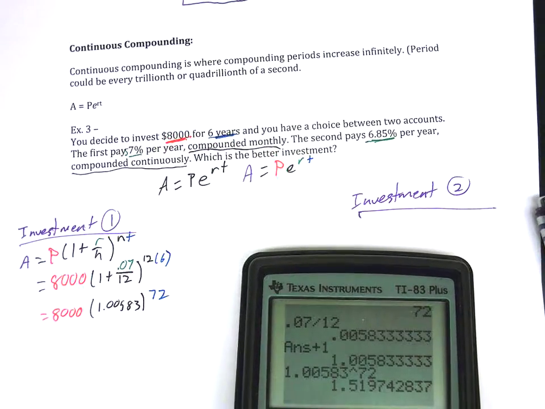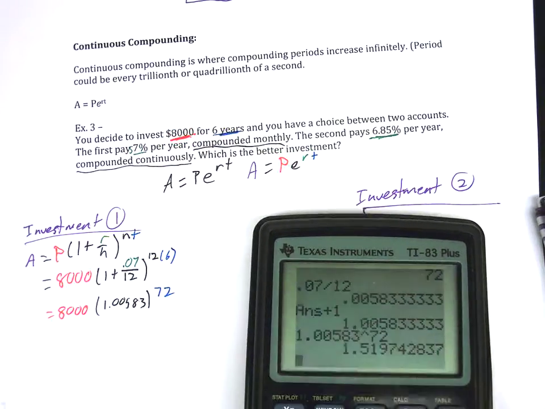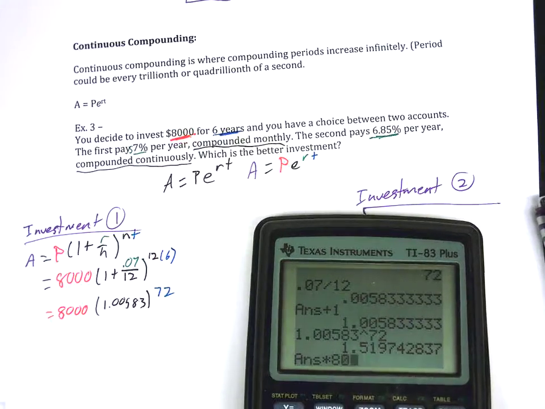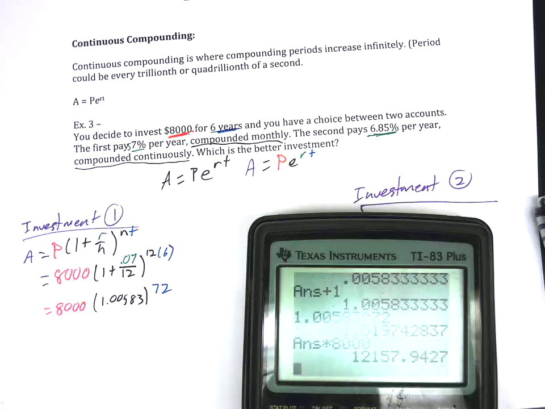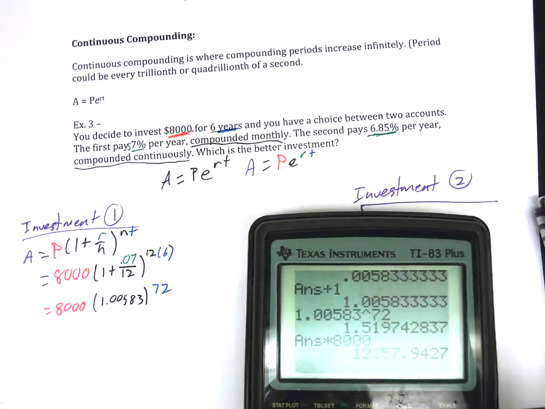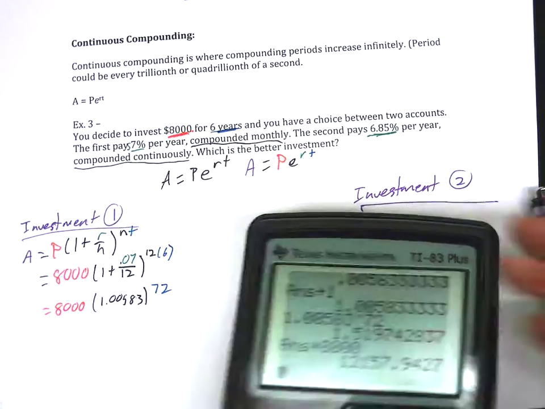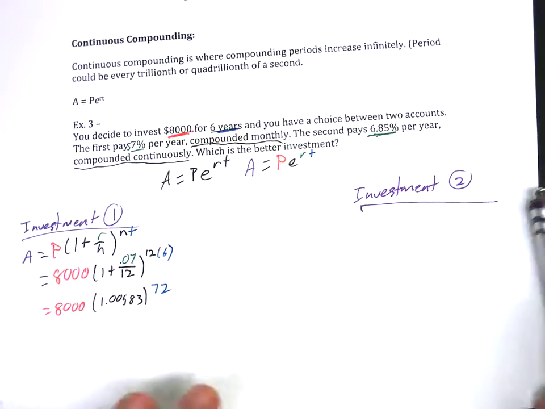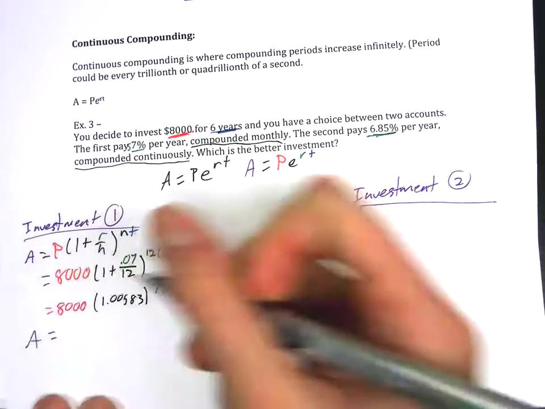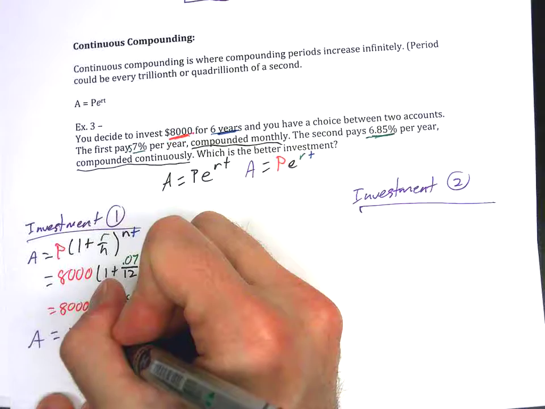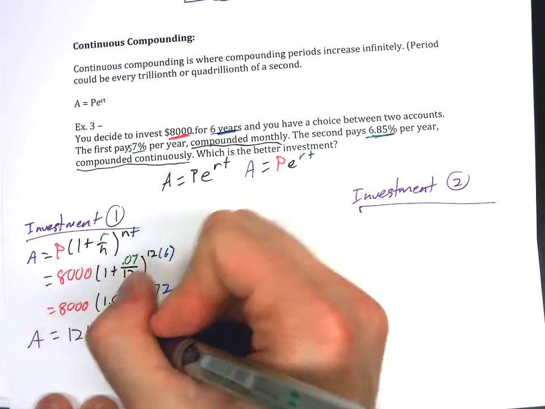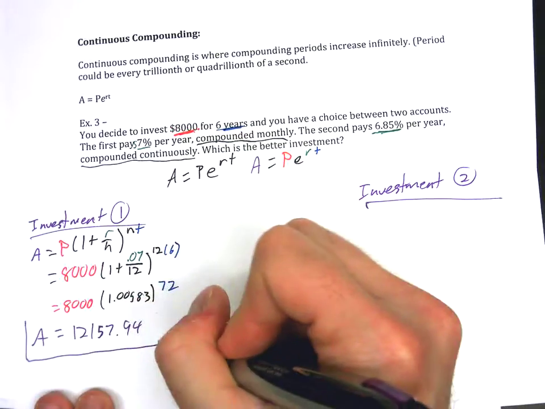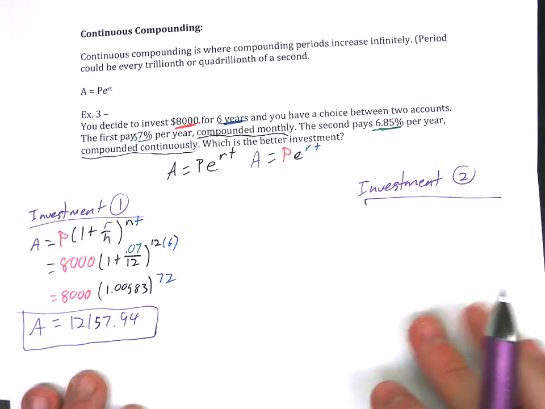Raise that to the power of 72, gives me a big long decimal there, and I'm going to multiply that by my principal of 8,000. That's going to give me 12,157.9427. So I'm going to cut off the end of that and just make it that final value. So our A for this one equals 12,157.94. That would be my future value on investment 1.